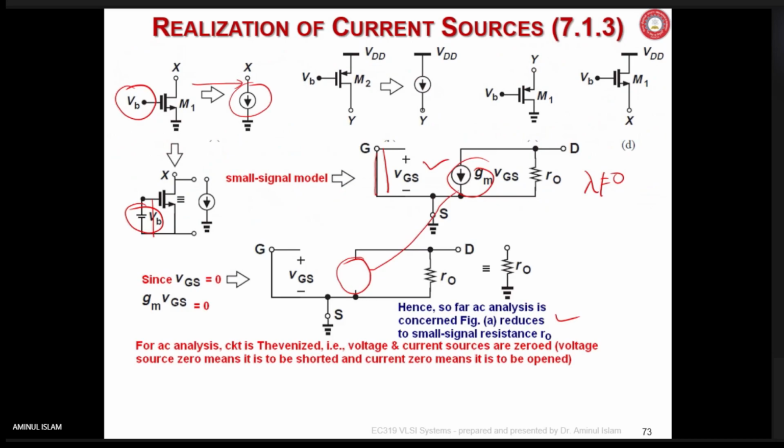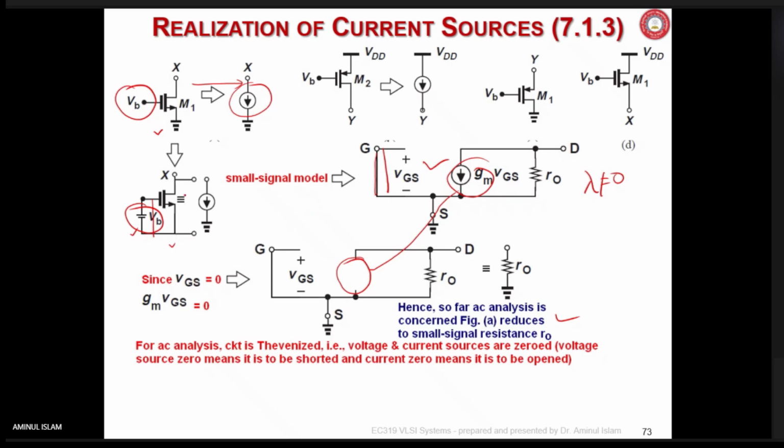If you want to further understand and analyze, then this is the diagram. It can be drawn in this way. VB is actually the gate voltage, so the VB symbol we have used here, right? It is a fixed voltage with respect to source.